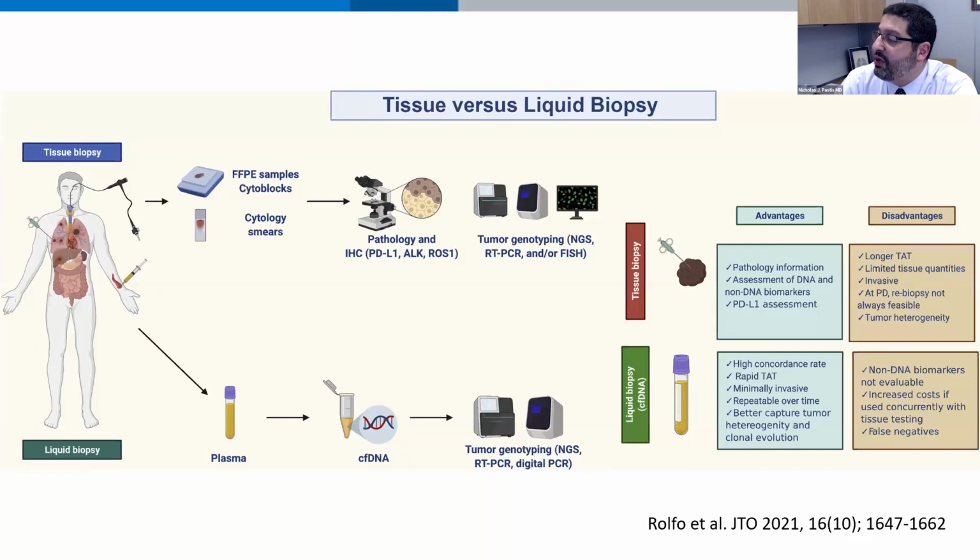It's reproducible over time, whereas with a procedure, you may have one that's more effective than another due to various procedural concerns, complications, et cetera. And you're sampling a systemic population of DNA. You're not sampling DNA directly from one site. So theoretically, you should work around some of that heterogeneity issue, because you're capturing the DNA from all the tumor that's being released into circulation.